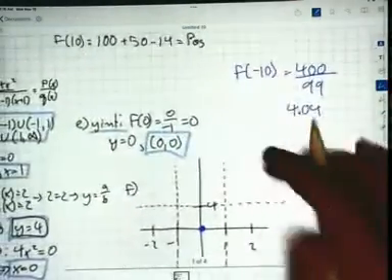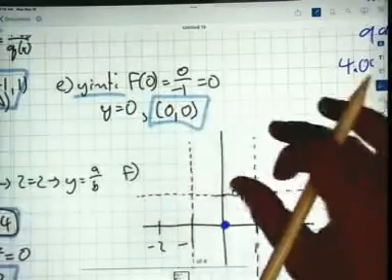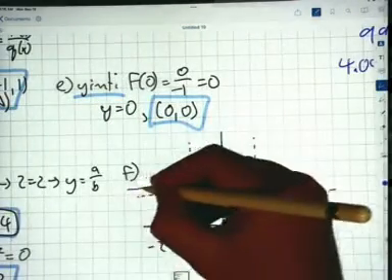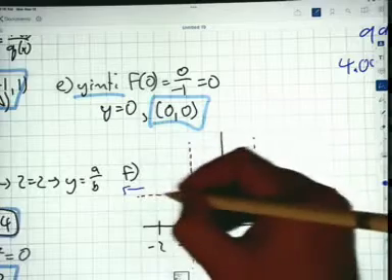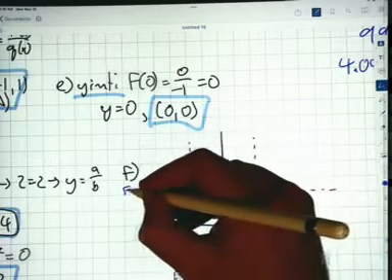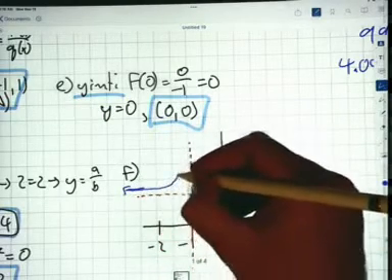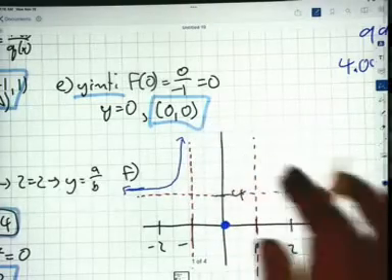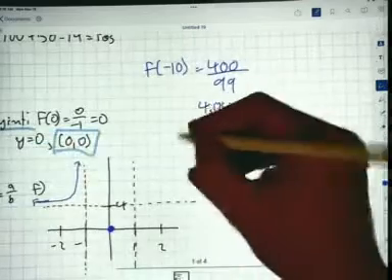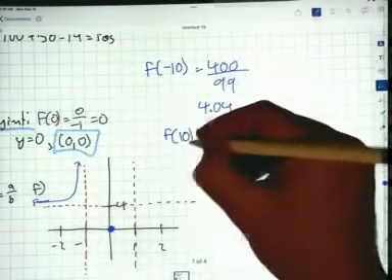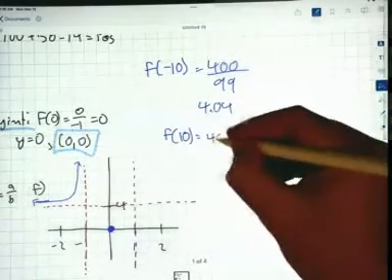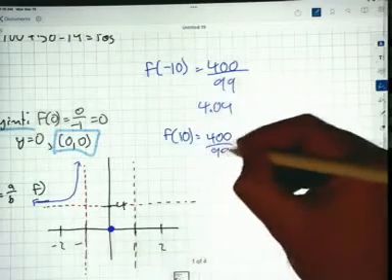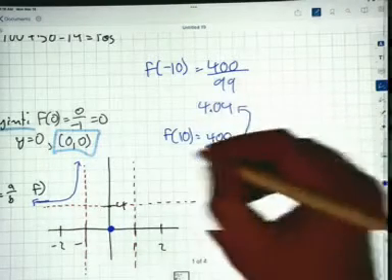So that just proves that the graph exists above the horizontal asymptote. It's going to get closer to it, and as we go this direction, it has to start going up like that. And we can do the same thing for f at positive 10. In fact, it's going to give you the same thing, 400 over 99, which is still going to be about 4.04.